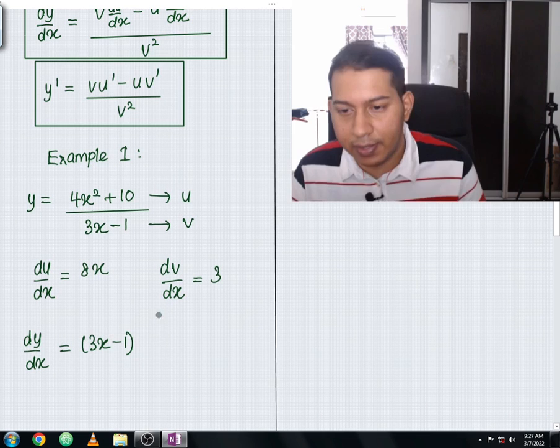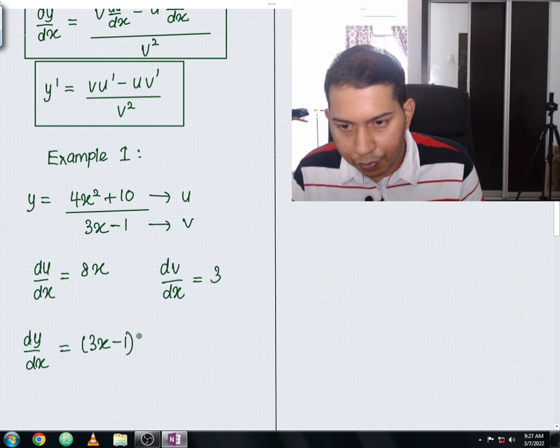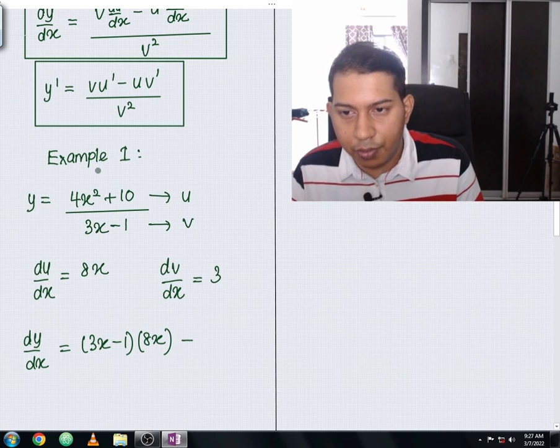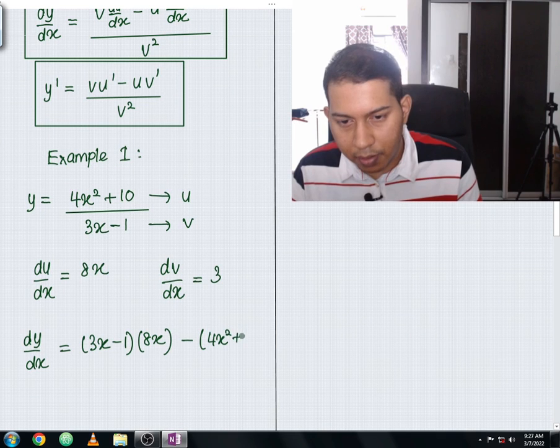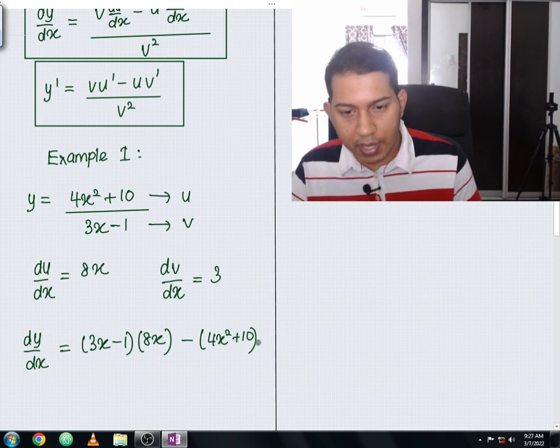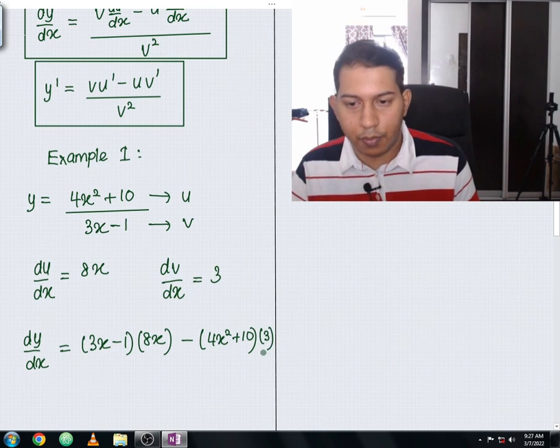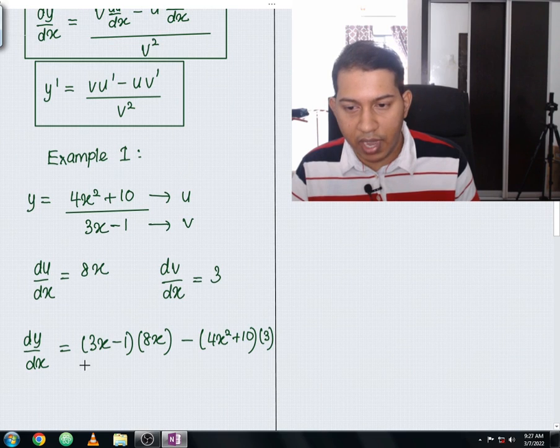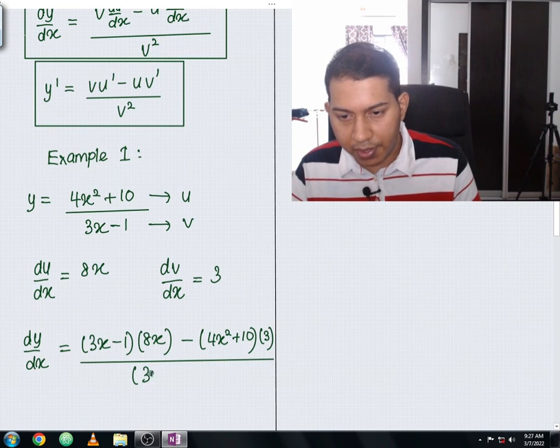Okay, be careful guys. 8x minus u, okay, 4x square plus 10, times the differentiation of v, which in this case is 3. Okay, and you divide with v square, in this case is 3x minus 1 square.